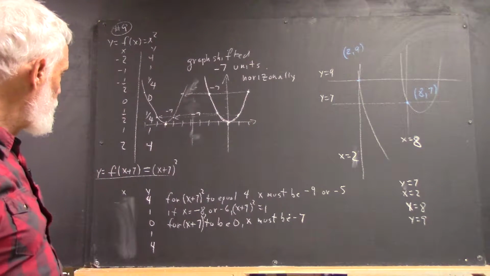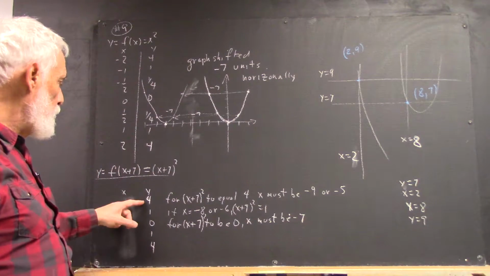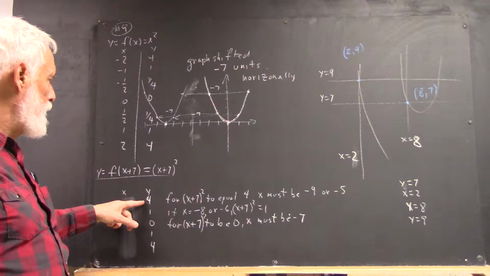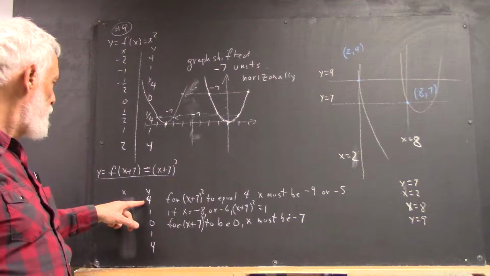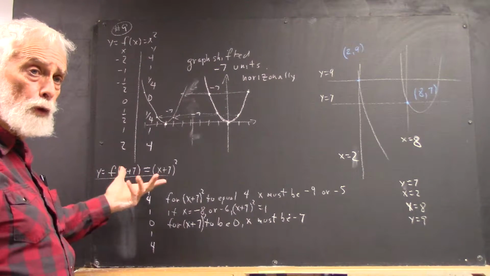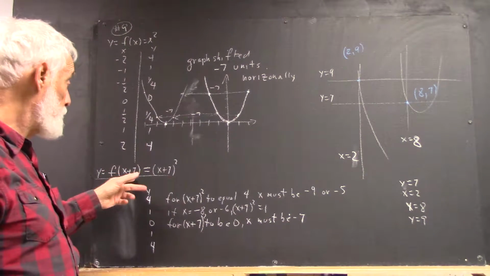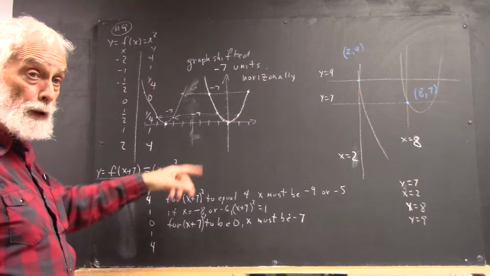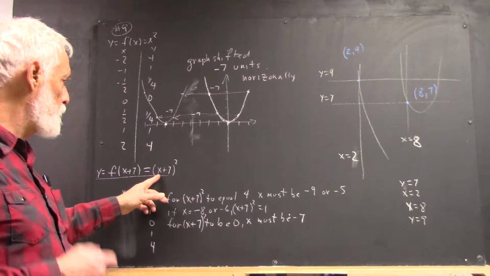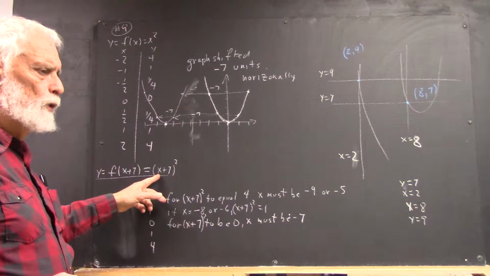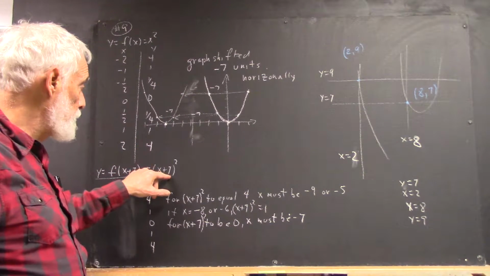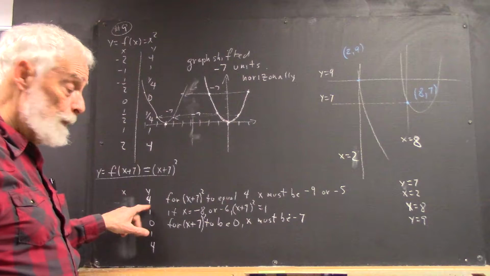Okay, so we have y equal to 4. For what value of x would f of x plus 7 give us 4? Well, f of x plus 7 is x plus 7 squared. So what value of x would you have to put in here so that when you square x plus 7, you get 4?